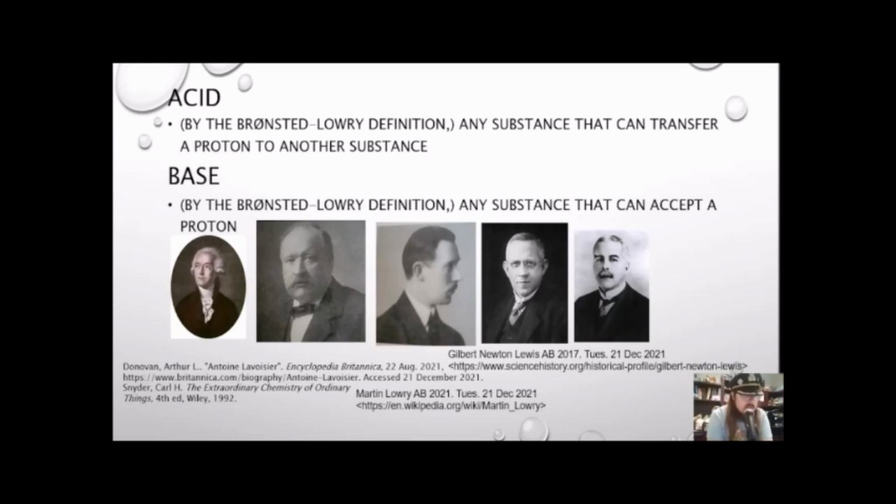Carbonic acid is hydrogen, carbon, and oxygen. Phosphoric acid, hydrogen, phosphorus, and oxygen. Boric acid is hydrogen, boron, and oxygen. So nitric acid is hydrogen, nitrogen, and oxygen.